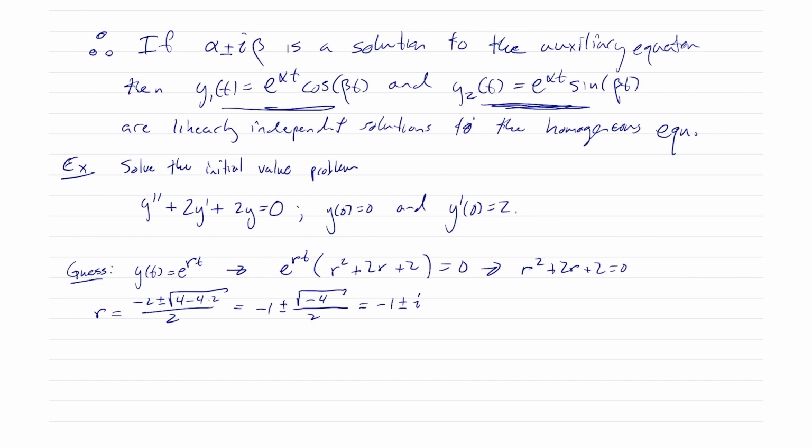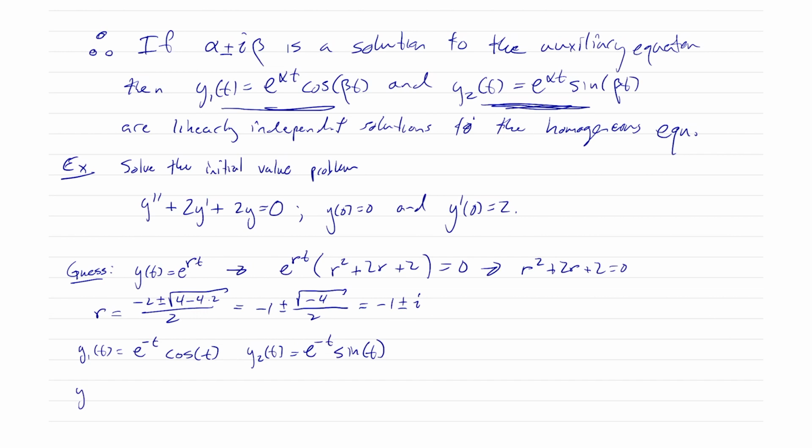Okay, so then we get two solutions. We get y1 of t is e to the negative t times cosine of t, and y2 of t is equal to e to the negative t times sine of t.